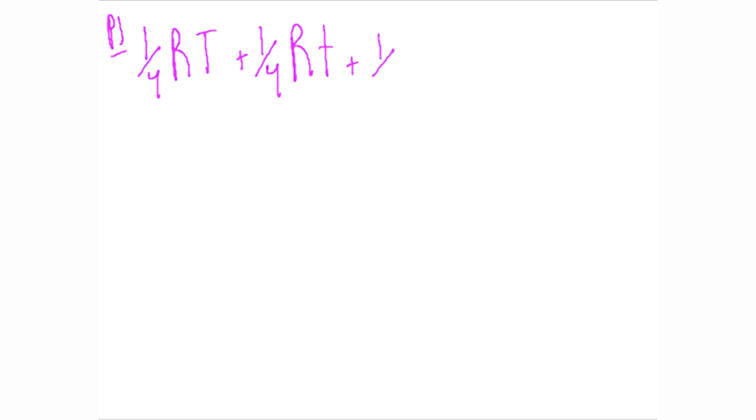So going to solve this, we know that from parent 1, the combinations were 1/4 big R, big T, plus 1/4 big R, little t, plus 1/4 little r, big T, plus 1/4 little r, little t.